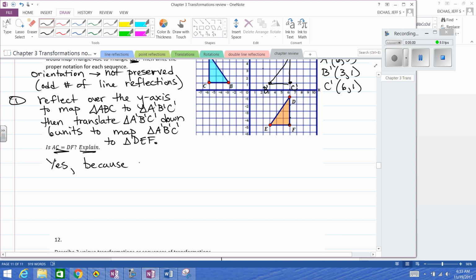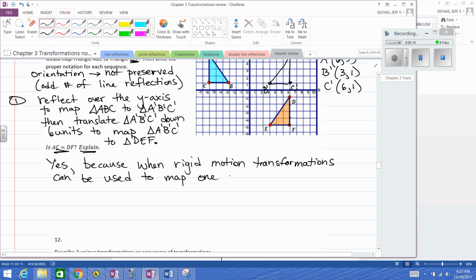Because when rigid motion transformations can be used to map one figure onto another, the figures must be congruent.